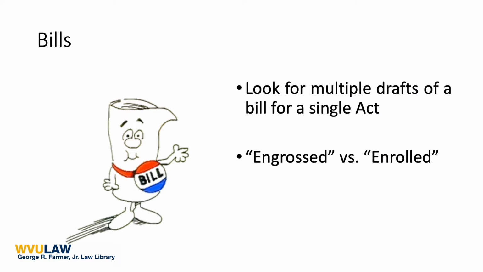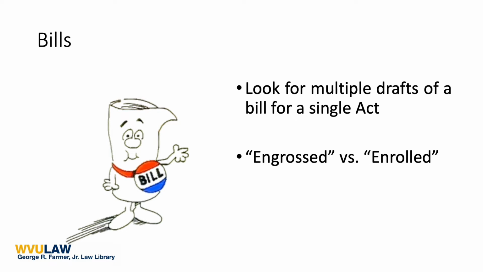A bill is a proposed law presented to the legislature. Anyone can draft a bill, but only a member of Congress can introduce a bill. In your research, you may encounter many drafts of a bill as it is revised throughout the legislative process. A comparison and analysis of the varying drafts of a bill can be an informative step in legislative history research. Knowing what components of a bill were once included, but then removed, or vice versa, speaks directly to legislative intent.